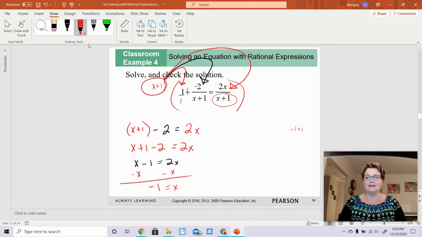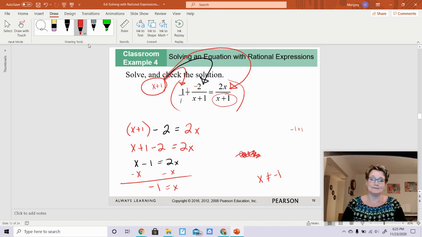You are not allowed to have 0 in the denominator. So when you have variables that are in the denominator, you do need to check them. So on this problem here, it would be all real numbers, but x cannot equal negative 1. All right, so x cannot equal negative 1.